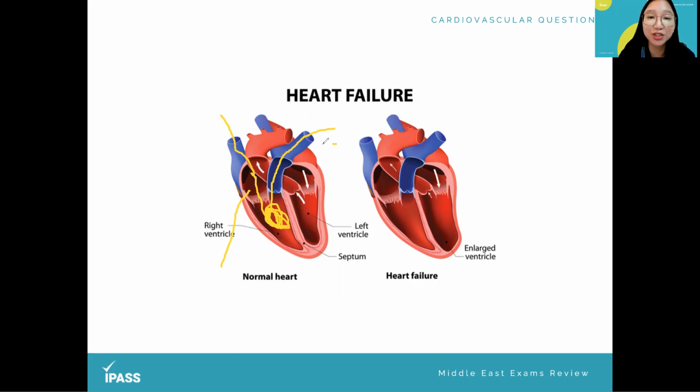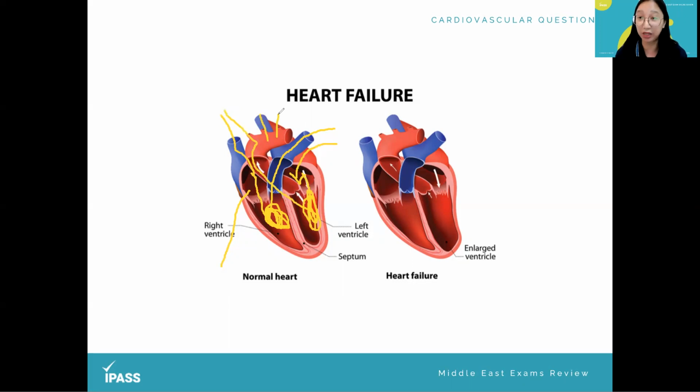It goes back to the left atrium through the pulmonary veins, down through the mitral valve to the left ventricle. Then the left ventricle contracts, sending blood to the aorta and into the systemic circulation. That is our normal blood flow.